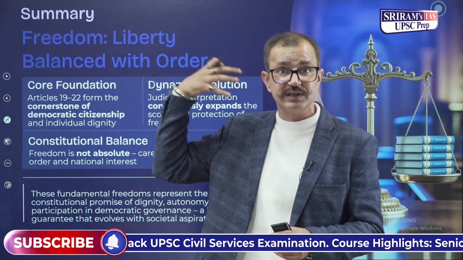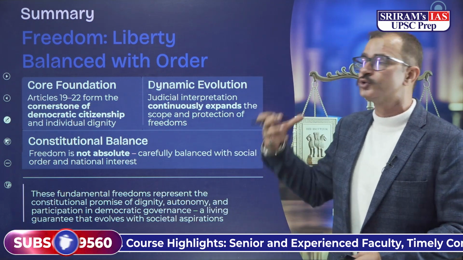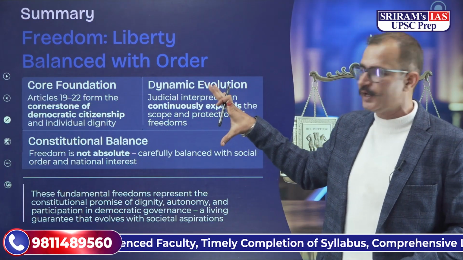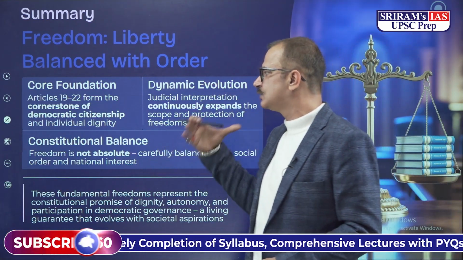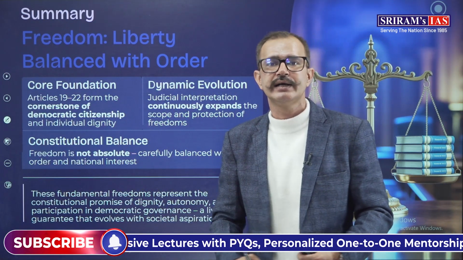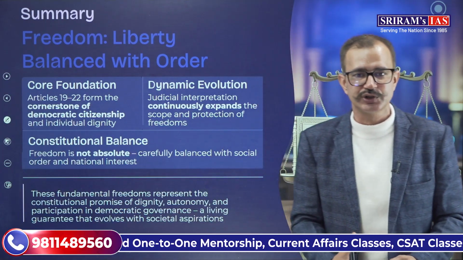Certain inferred rights were given to the citizens of India through judicial activism, which has widened the scope of the right to freedom in India. There is constitutional balance, where freedom is not absolute and is there with the reasonable restrictions in our constitution.